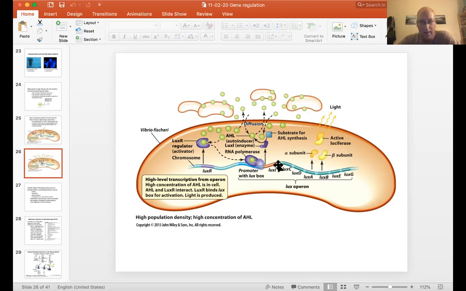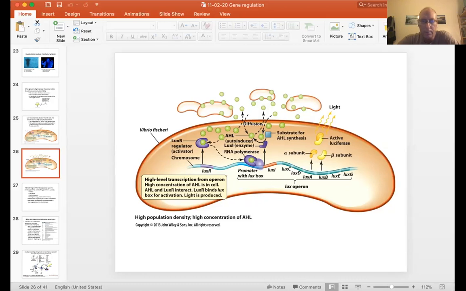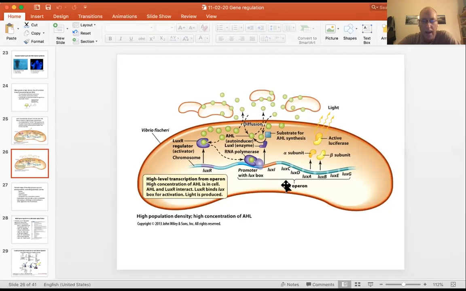This is a classic positive feedback loop. As it gets turned on, it makes more of the signal to turn it on at an even higher level, etc. So rather than just having a linear increase in light production, you get a dramatic threshold at which this positive feedback loop kicks in, and you get a sudden dramatic increase in light production.